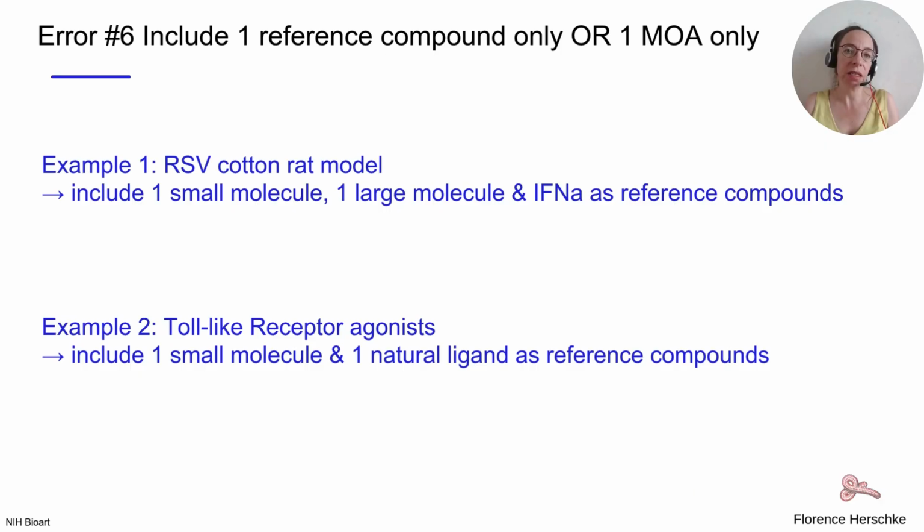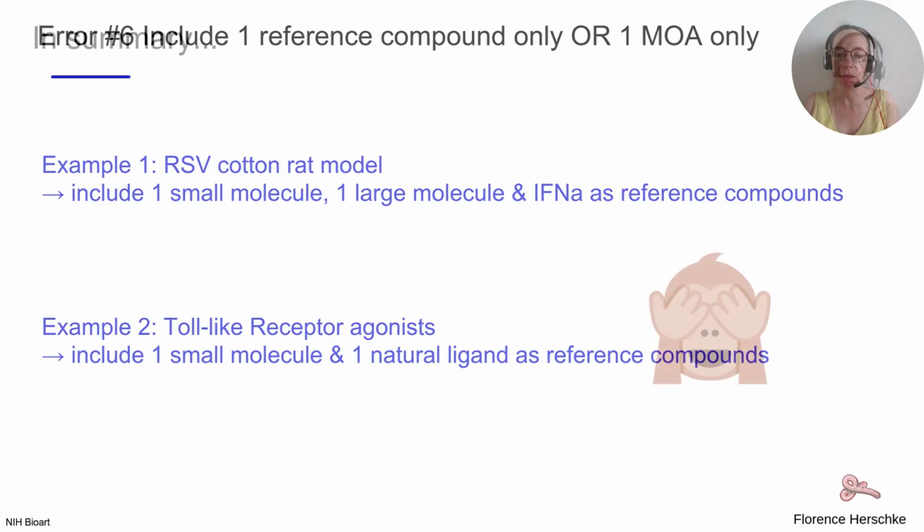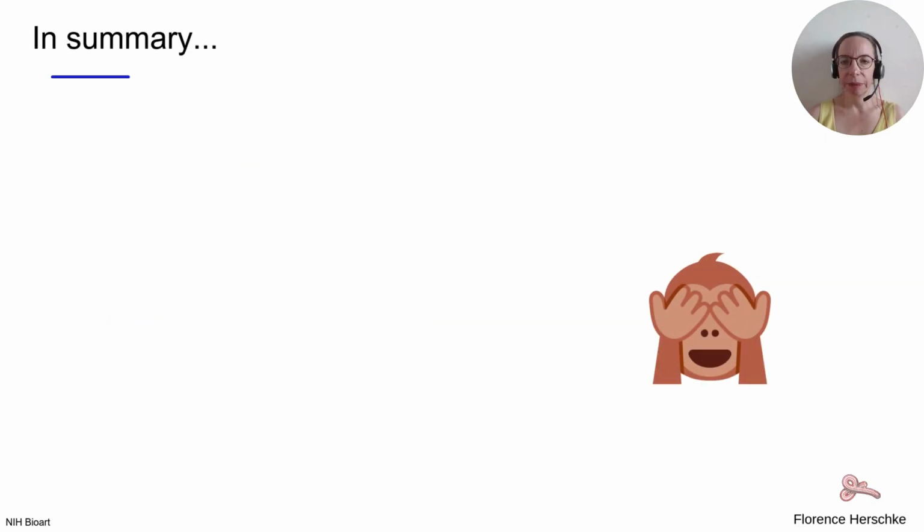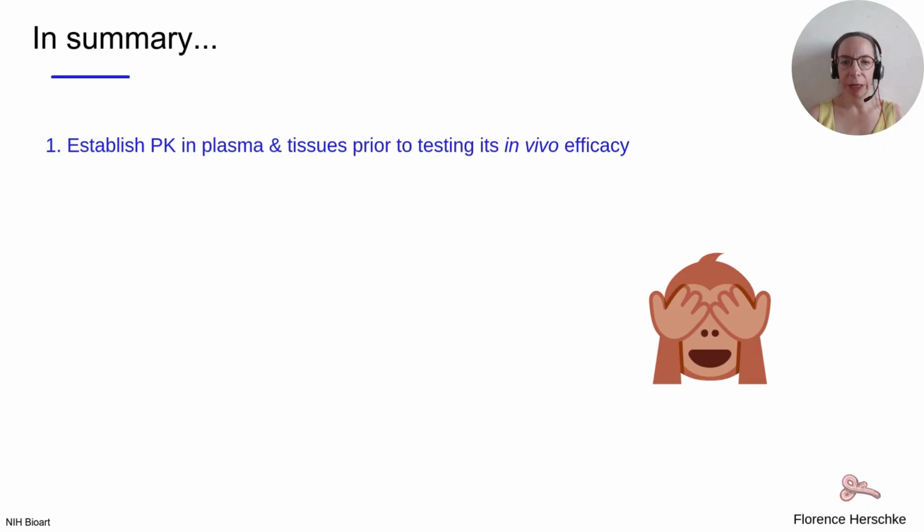A second example is with toll-like receptor agonists. So here, do use on one hand one small molecule, but also one natural ligand, as these two may behave very differently.